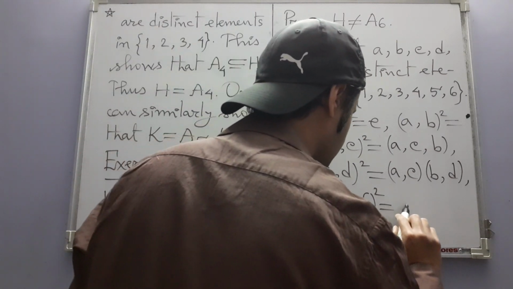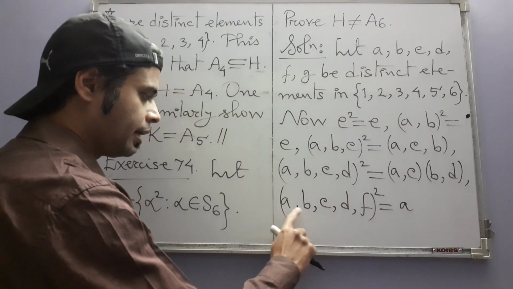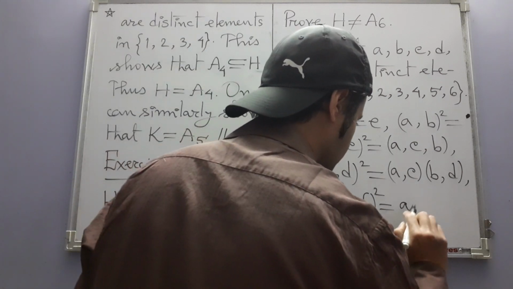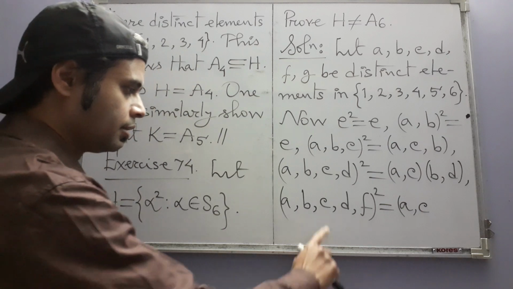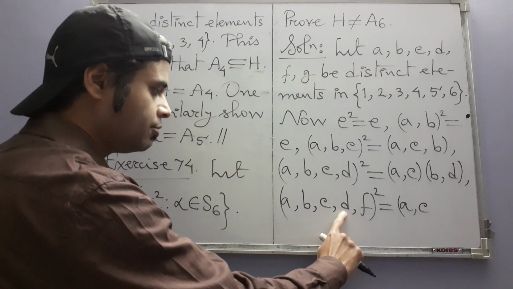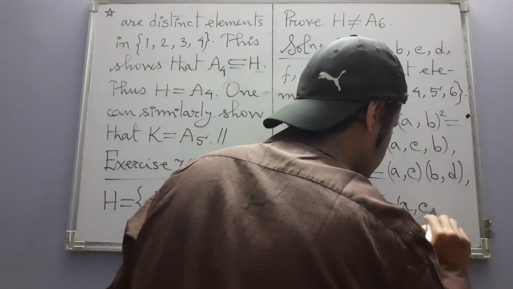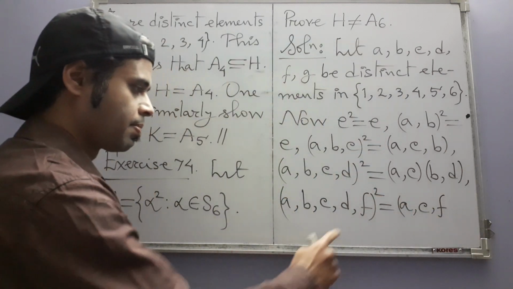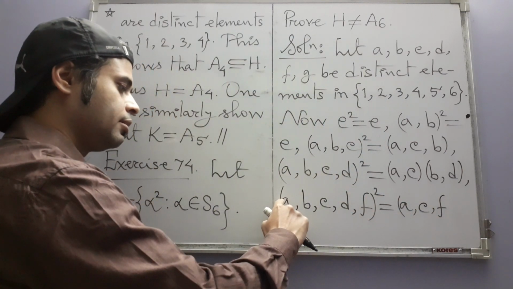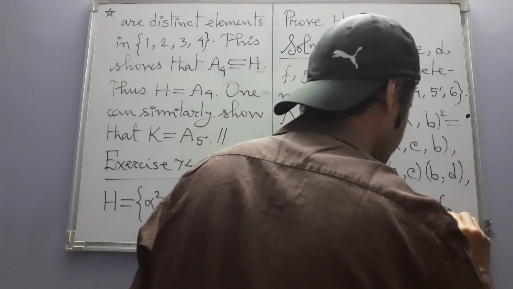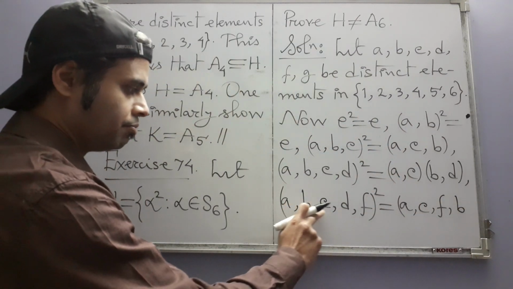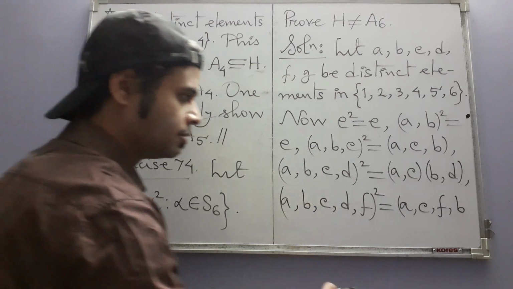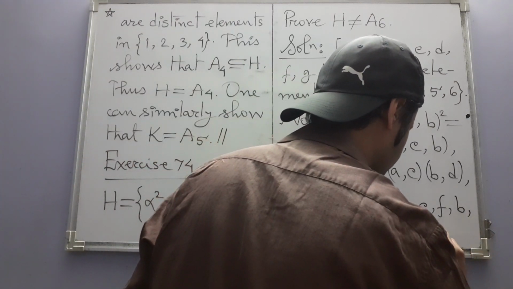So first let's see what happens to A. A to B, B to C, that means A to C, just like before. Okay. But now C to D, D to F, so C goes to F. F to A to B, so F goes to B. B to C, C to D, so B goes to D.